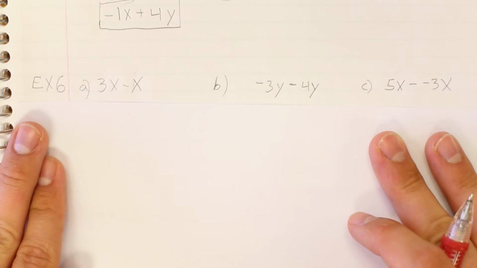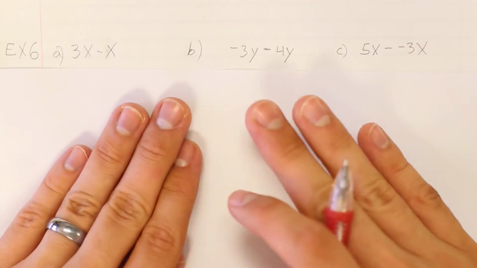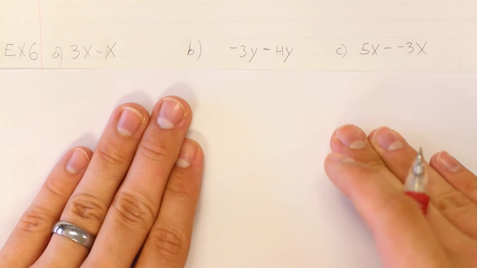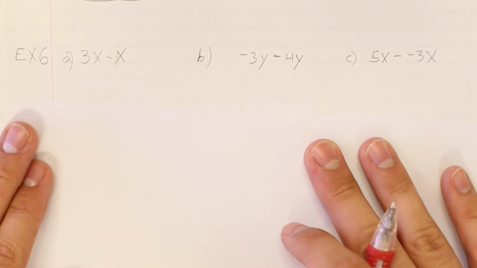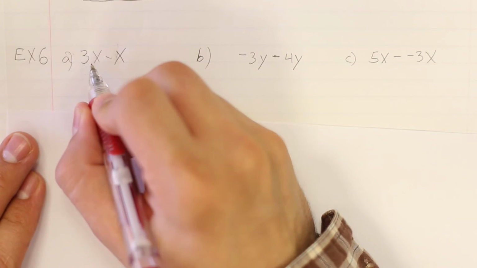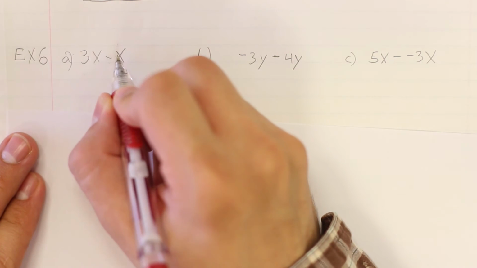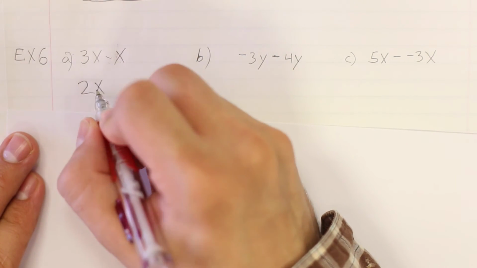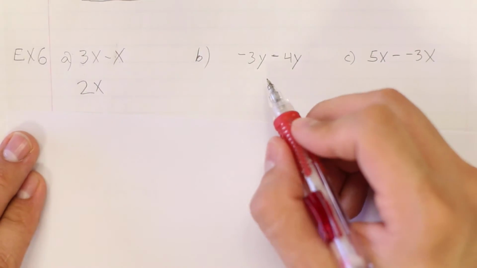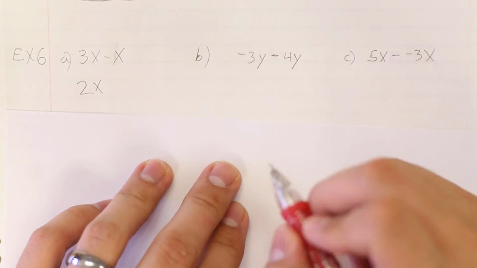Next example. I would like for y'all to pause the video and try to work out these 3, and then click play to see if you got the right answer. So for this first one, we say 3x minus x. Well, that's 1x. So that would be 2x, 3 minus 1. Over here I have negative 3y minus 4y.